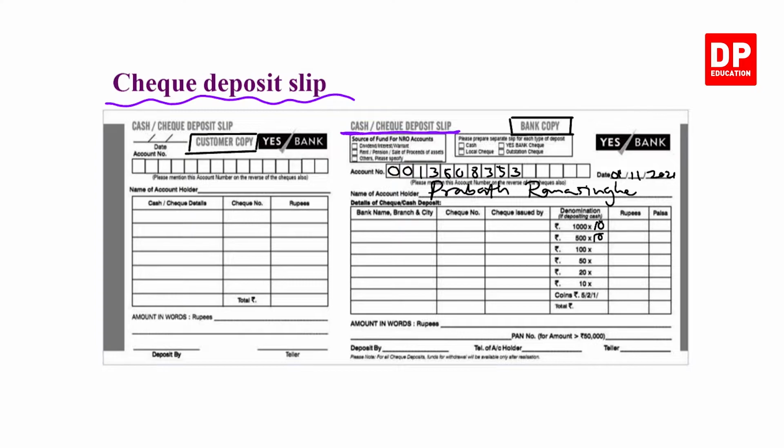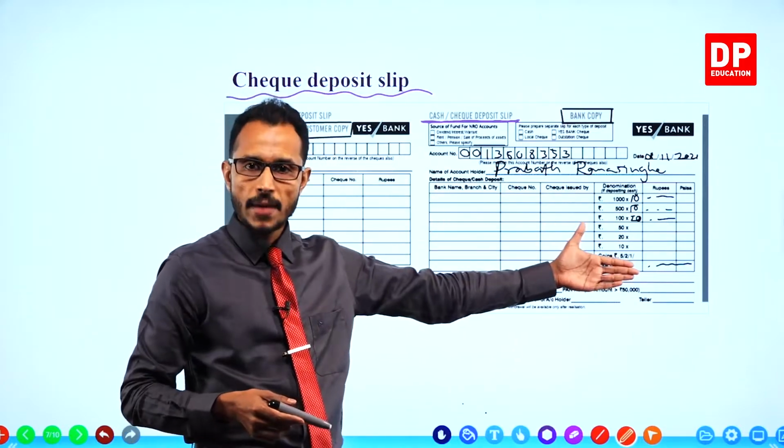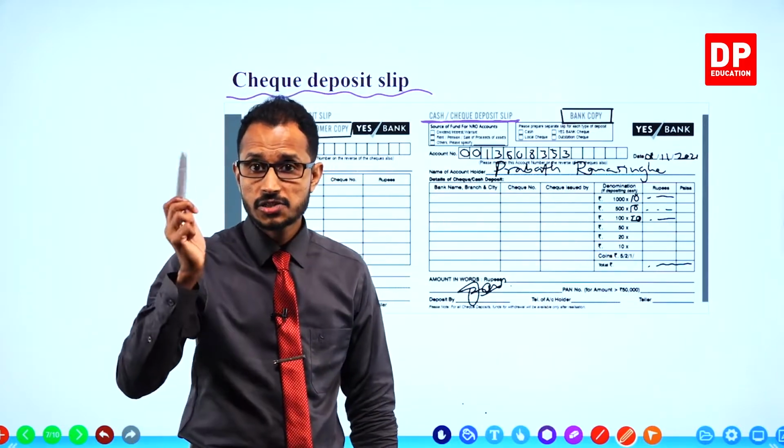How many 100 notes? Likewise. Then put the amount in rupees, right? And total you mention at the bottom. Sign it. Right? And hand over to the bank with the money, with the cash.